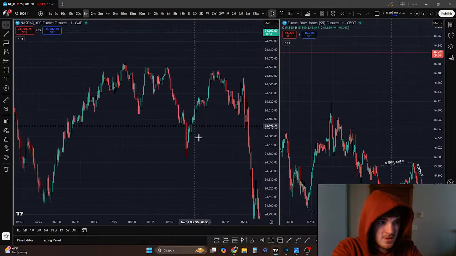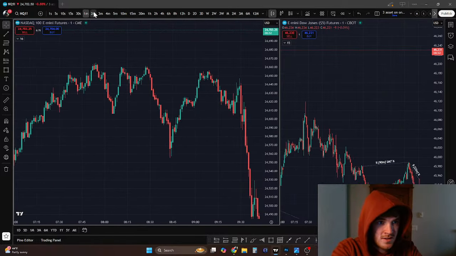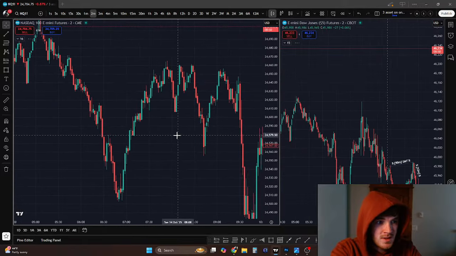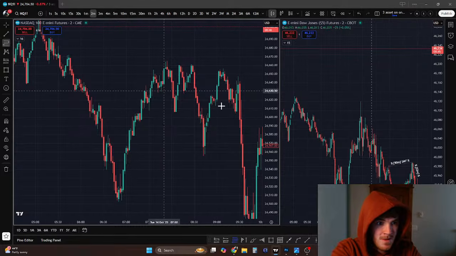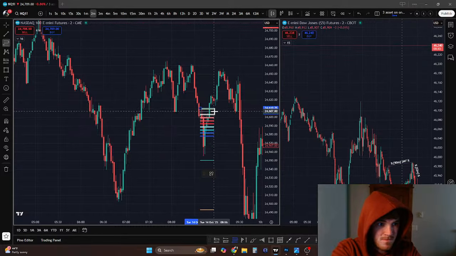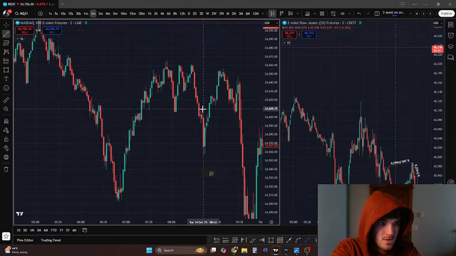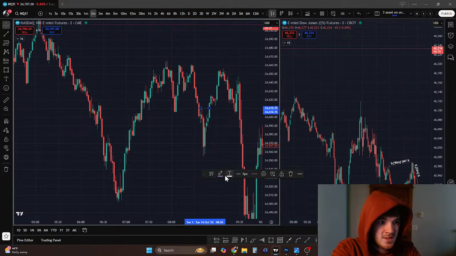I was thinking, okay, let's just take this to get onside. So you can see a nice little fair value gap that formed right here. But there's more logic to this.